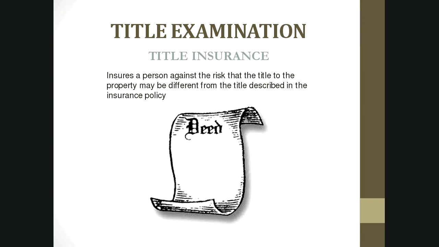Right, if someone else comes along and says they're the owner of the property, you can get this insurance to defend you in a lawsuit. Or if it's found out that no, you don't have good title, that person is the owner, then you can get paid for your loss because you lost out on the property. So you can get insurance against your title being defective or not what you thought it was.